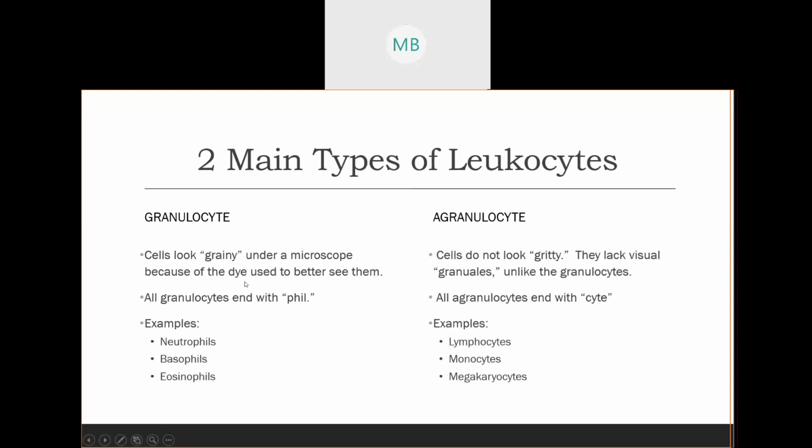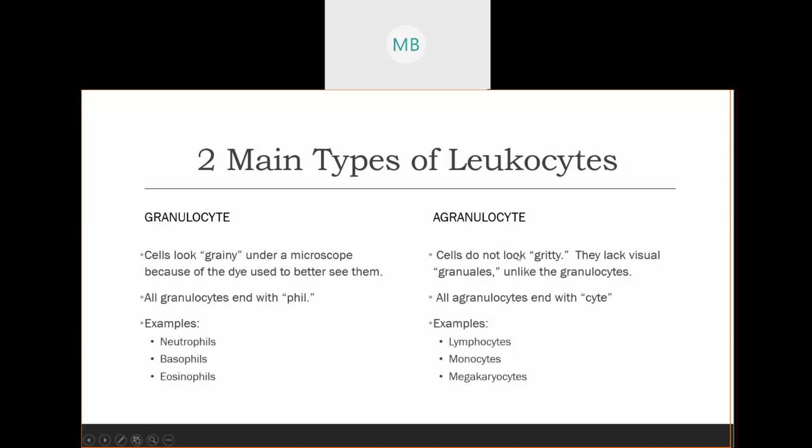The way the dye interacts with those proteins on the outside of the cell makes it look kind of grainy, or like there's little granules on it. So they look grainy. Collectively, all of your granulocytes are going to end with the word "phil." So your three main examples of granulocytes that you should know are neutrophils, basophils, and eosinophils. Your phils here are granulocytes.